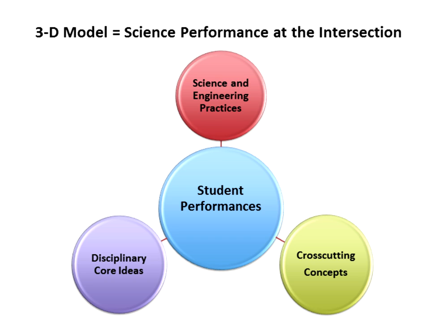So the performance in baseball would be throwing a strike. The performance in science is doing science. It is engaging in the practices, conducting investigations or arguing from evidence or constructing explanations, and using cross-cutting concepts and disciplinary core ideas to do this performance.